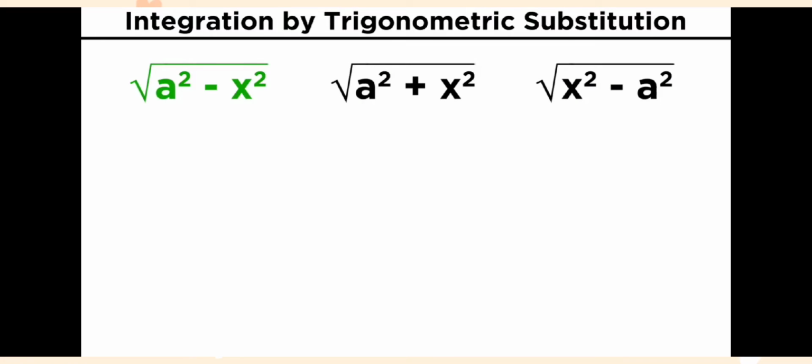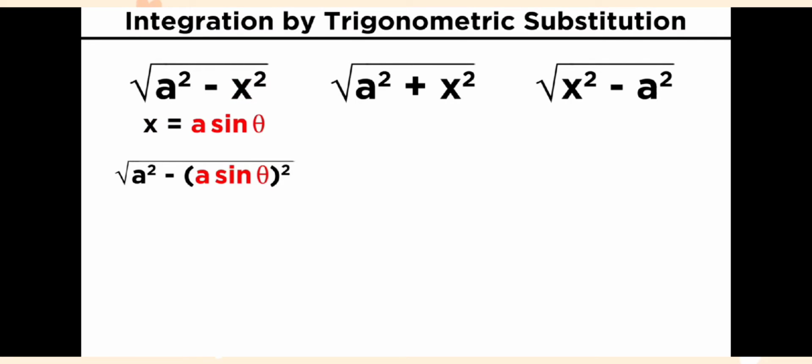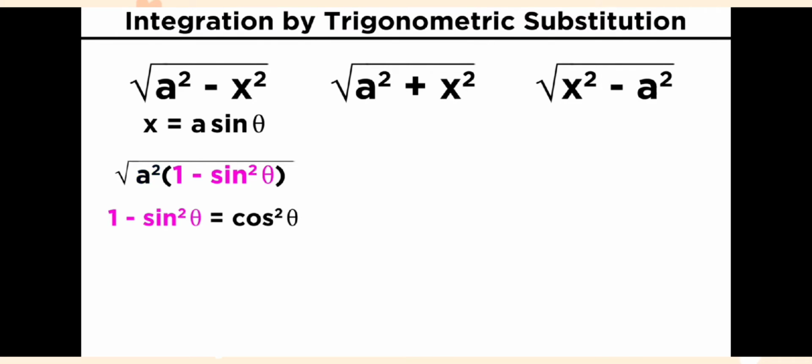We learn about the integration by substitution trigonometry. For square root a to the power of 2 minus x to the power of 2, the x is a sine theta. And then kita gantikan x, kita akan dapat a kuasa 2 tolak a kuasa 2 sin kuasa 2 theta. Kita akan faktorkan dia dan kita apply Pythagorean identities di mana 1 tolak sin square theta adalah cos square theta.